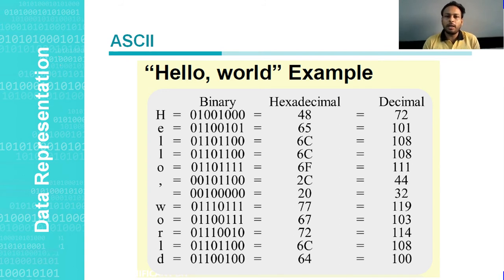So 65 for A, 66 for B, 67 for C, 68 for D, 69 for E, 70 for F, 71 for G, and 72 for H. There, the number 72 is H.